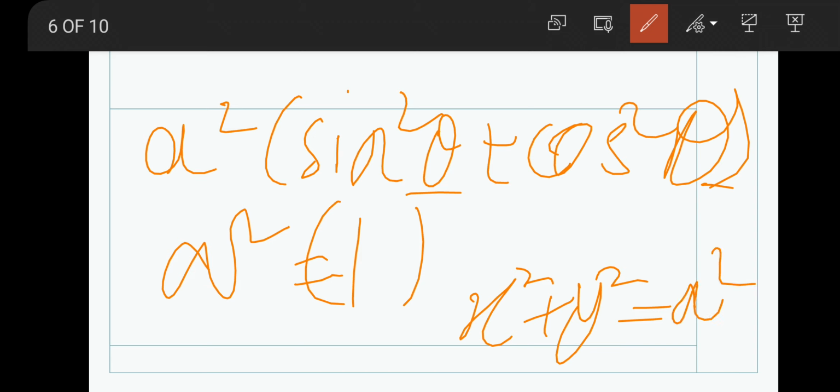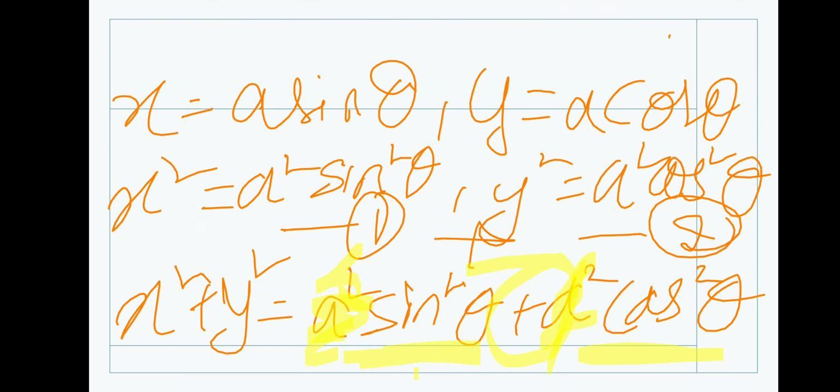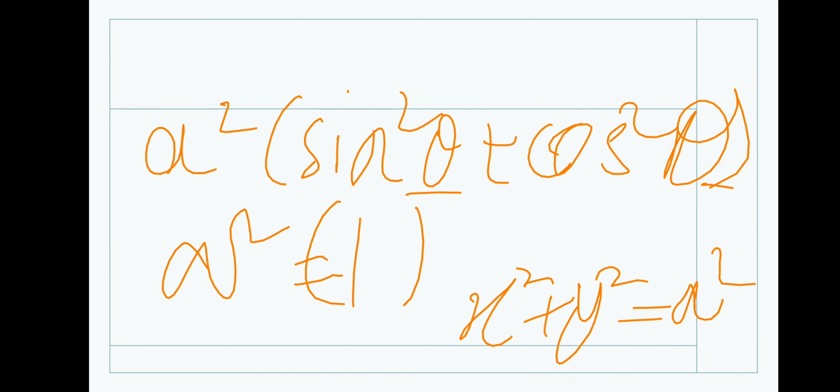That means, what's the equation for x square? a square sine square theta. I eliminated theta, so I can write it as x square, and the same for y. I squared both sides and added the two equations, so I am getting the answer as a square.